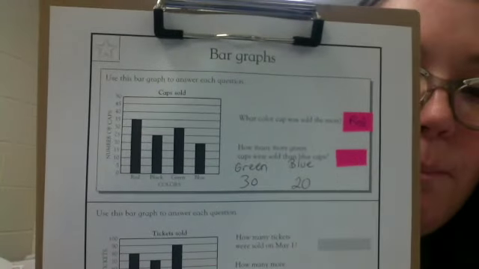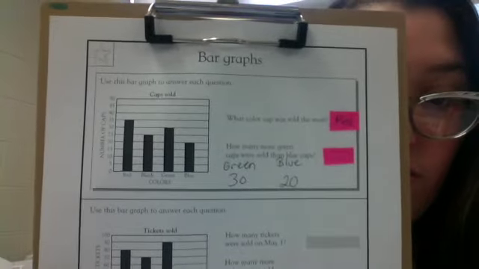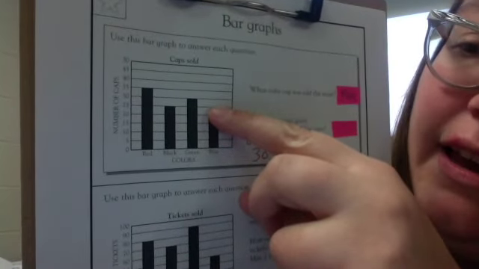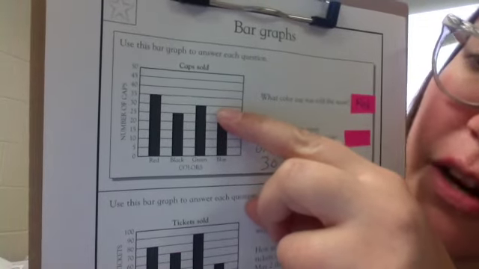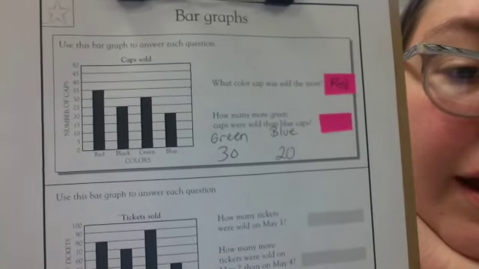And how many more? So I am comparing green against blue. Since green is higher, how much higher is green compared to blue? It looks like if I went up 1 bar, I would be almost there. And if I went up 2 of those bars, I would be equal to green. So how much difference is that?